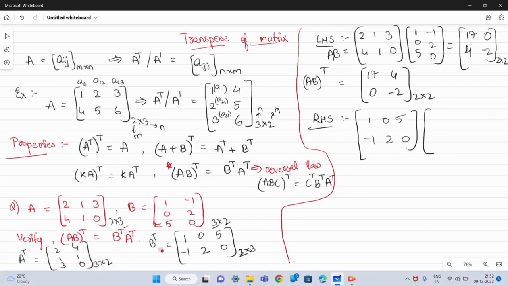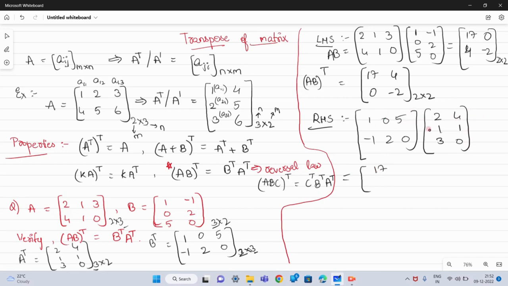Is matrix multiplication possible for B transpose and A transpose? Yes. B transpose is 2 cross 3, so 3 here and 3 here. So it holds, right? So it follows matrix multiplication. 2, 4, 1, 1, 3 and 0. Multiply B transpose and A transpose. You'll get this with this 2 plus 15, 17.